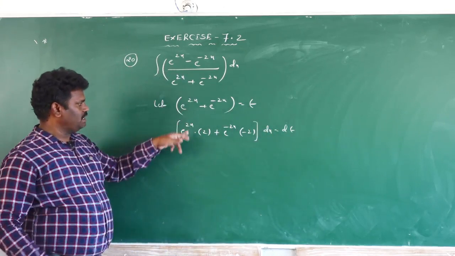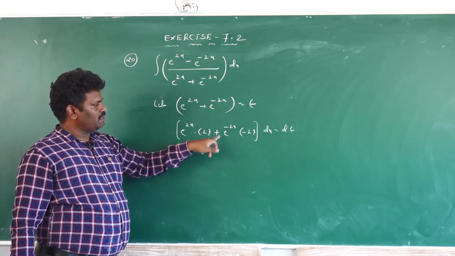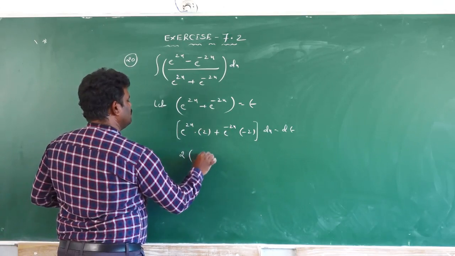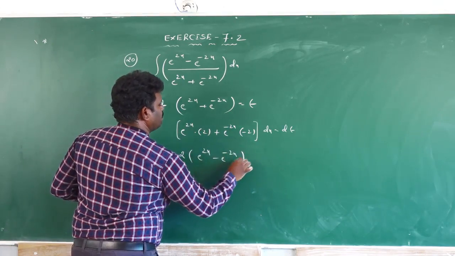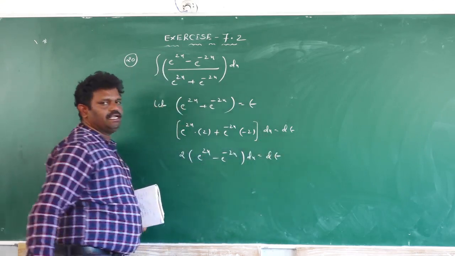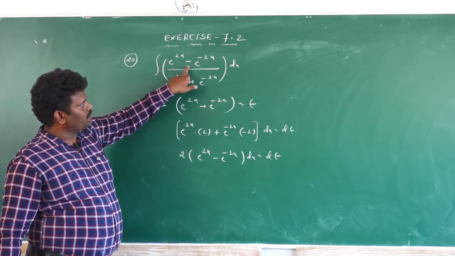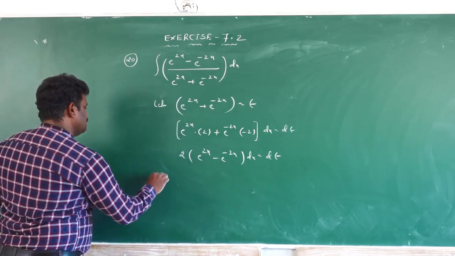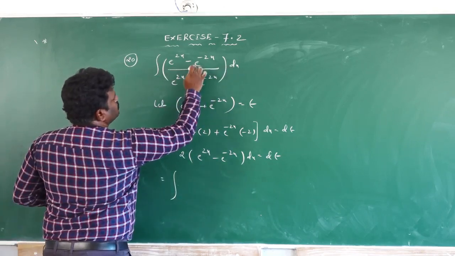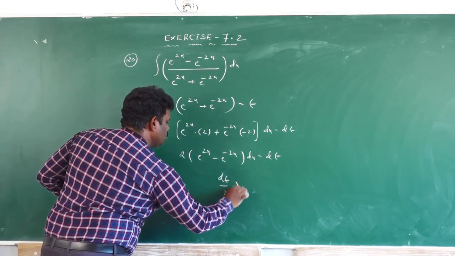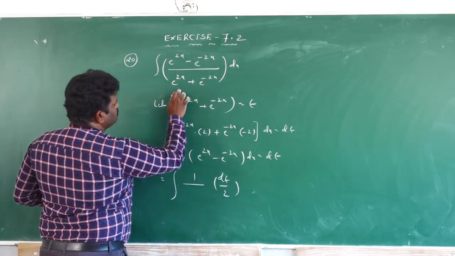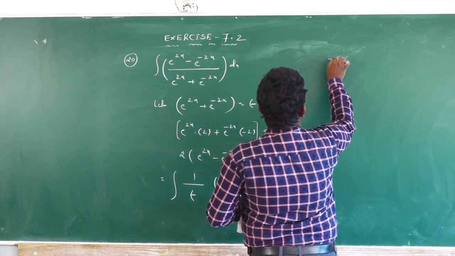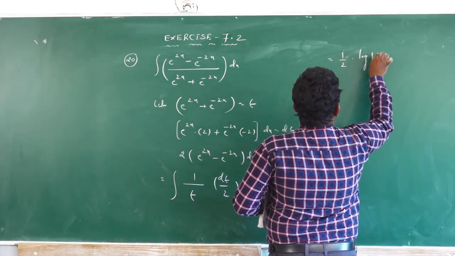Taking 2 common, we get 2 (e power 2x minus e power minus 2x) dx is equal to dt. Now the numerator, (e power 2x minus e power minus 2x) dx, is replaced by dt by 2. So the integral becomes dt by 2 in the numerator and the denominator is t. Then that is equal to 1 by 2 into log t plus c.